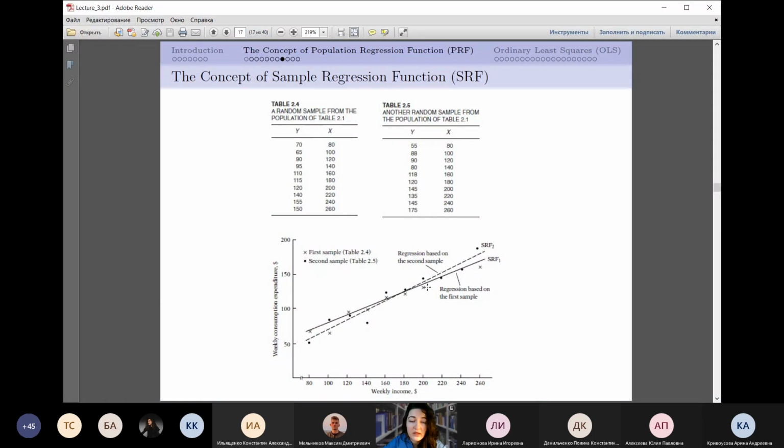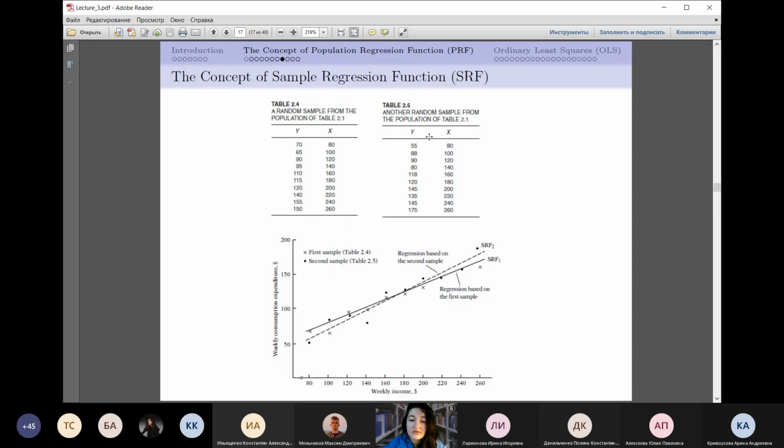Both of these lines we call the sample regression lines: sample regression line 1 and sample regression line 2, one based on the first sample and the second one based on the second sample, respectively.